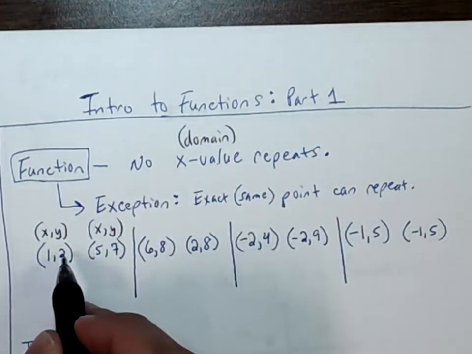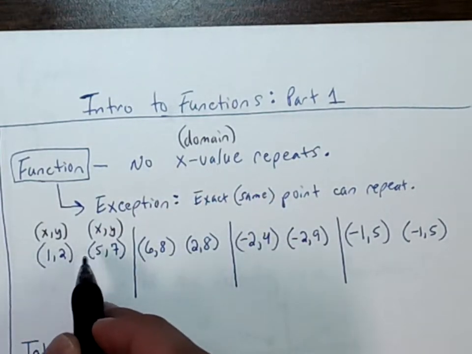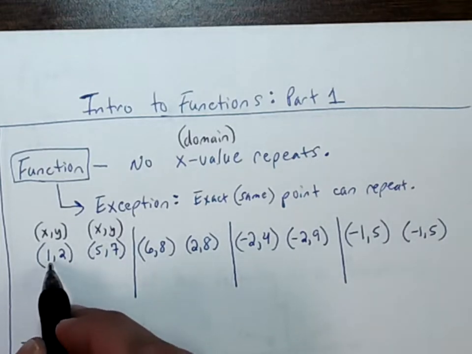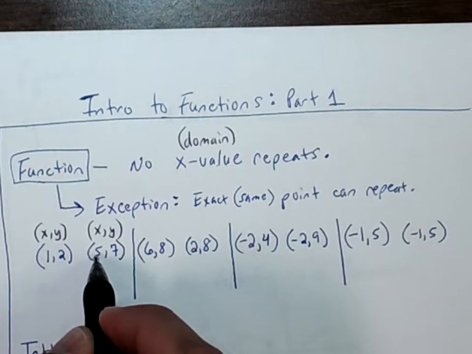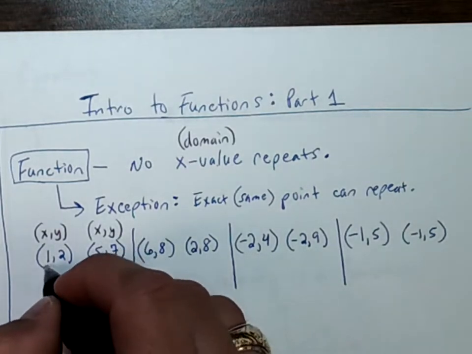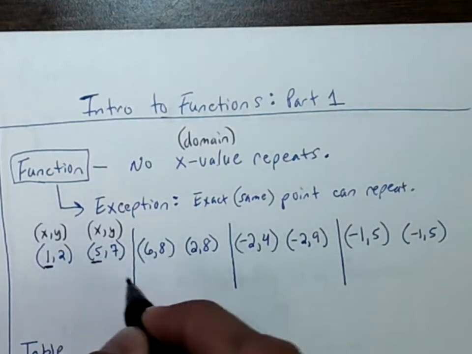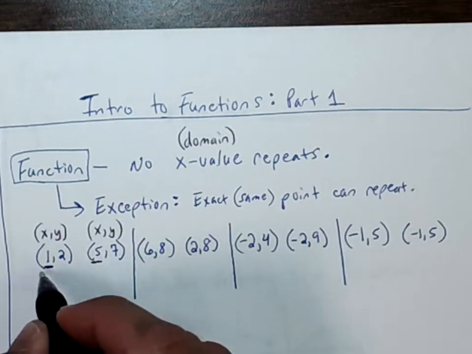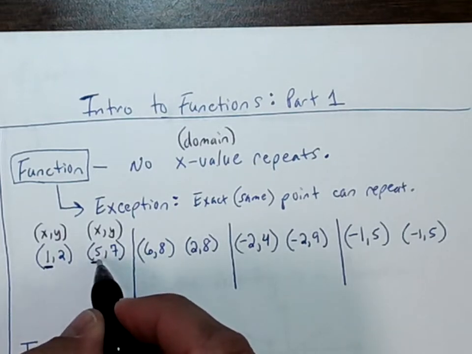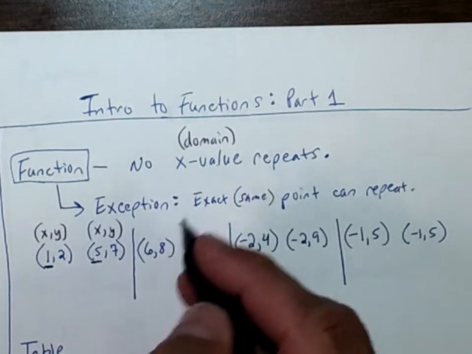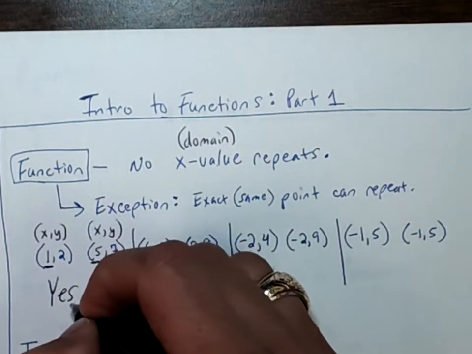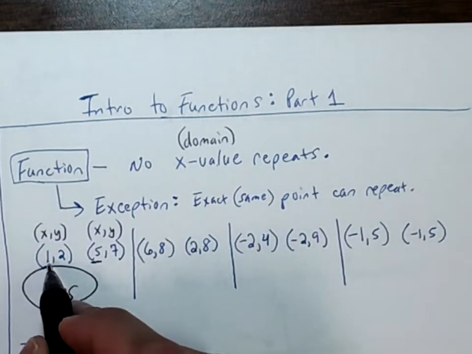I look at my x values, also my domain. My x values are 1 and 5. Are these repeating numbers? Well, no, they're different. So no, the x value did not repeat. So yes, this is a function because my x's did not repeat.